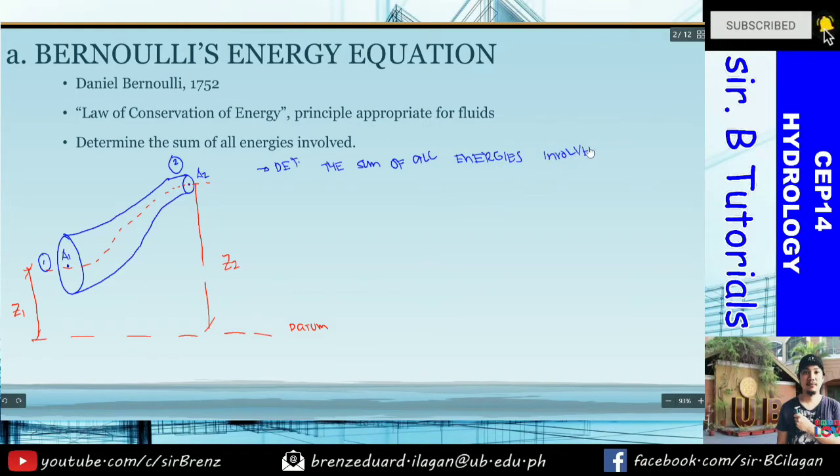So, again, dyan na nga papasok si Bernoulli. So, isulat na natin yung equation. So, the total energy is equals lang do sa work plus yung potential energy, and then plus the kinetic energy. So, let's just name this as our A, this one as our B, and then this one as our C.